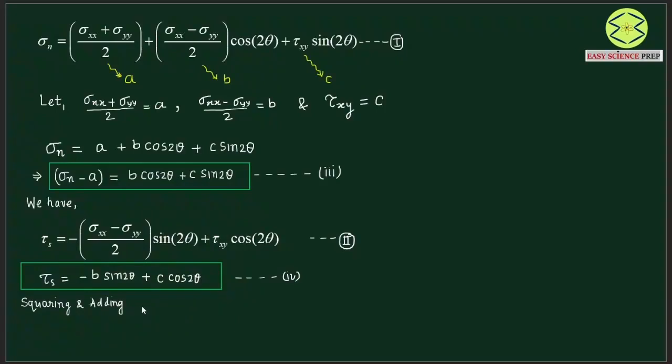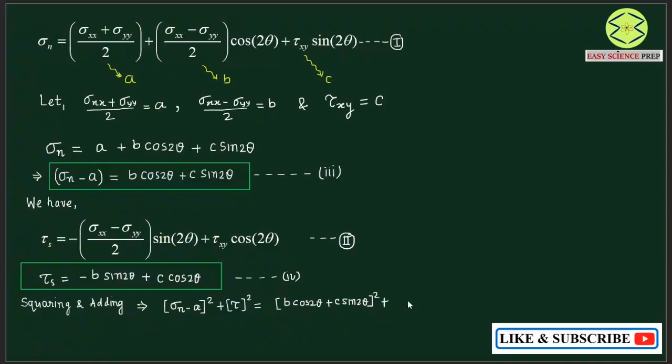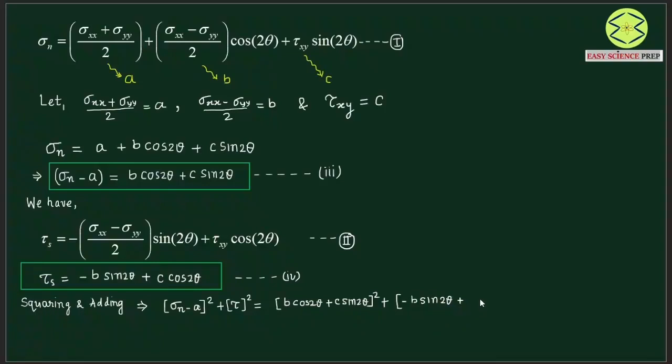If I do squaring and adding, it will be sigma normal minus A the whole square plus shear stress the whole square equals B cos 2 theta plus C sin 2 theta the whole square plus minus B sin 2 theta plus C cos 2 theta the whole square.